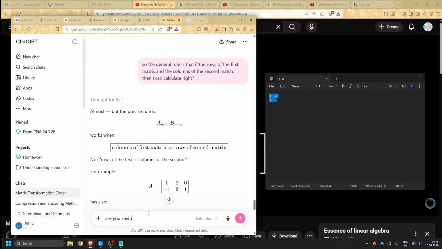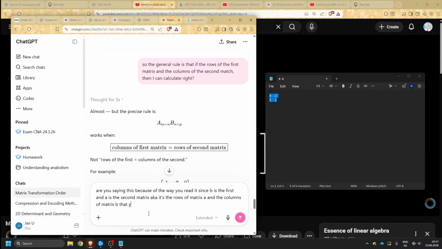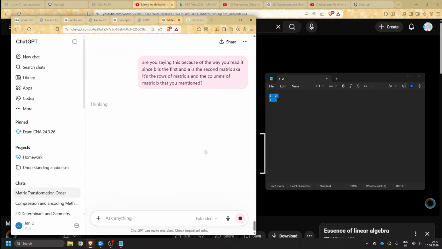Are you saying this because, since B is the first and A is the second, the rows of A and the... let's see if I'm right.